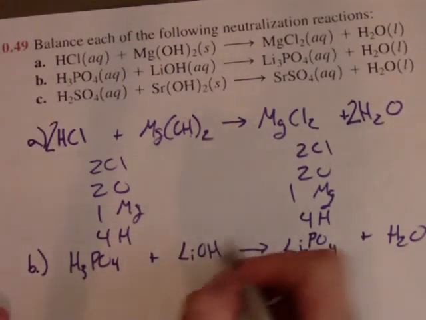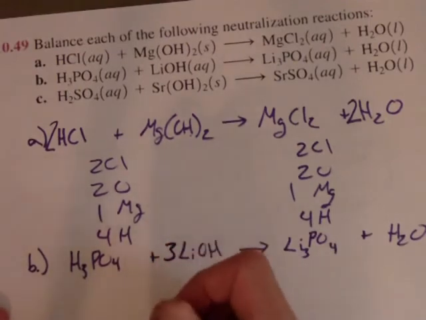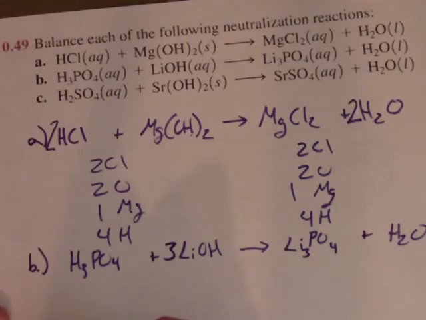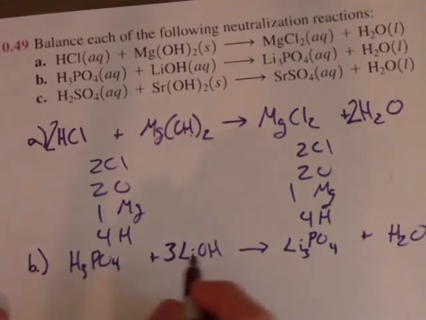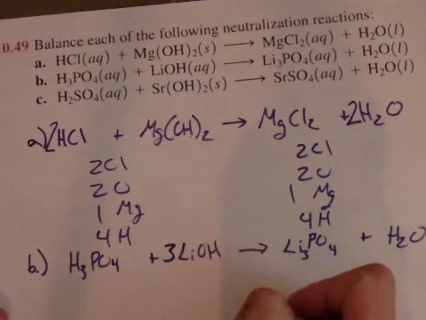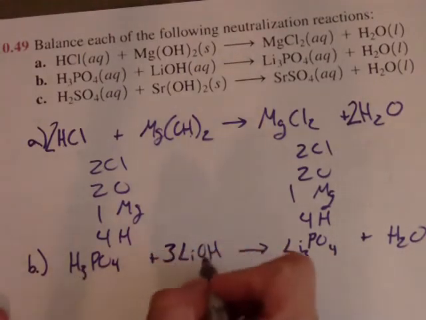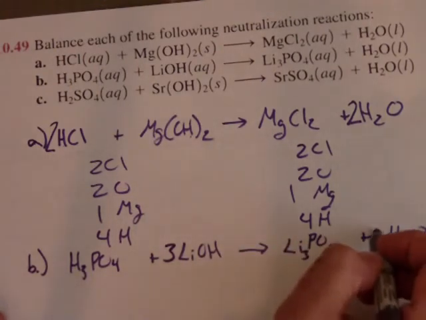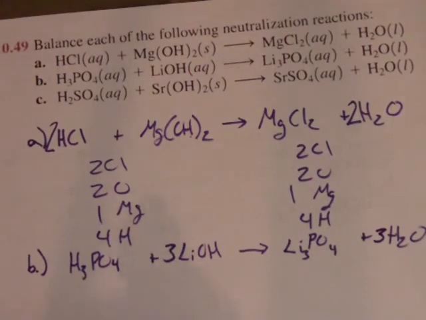So here you have 3 Li's. Here you only have 1, so you need to put a 3 there. You have 1 phosphate group and 1 phosphate group. That seems fine. You have 3 acidic protons reacting with 3 OHs, and that would make 3 waters.